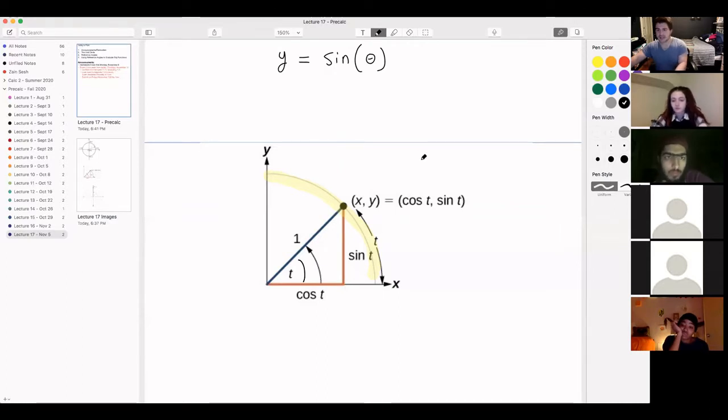Okay. It's like in the coordinate pair 1 comma 2, you have to travel horizontally to the right 1 and then up 2. Here you travel to the right cosine of t and up sine of t. Oh. Another way you could look at it is that we know that cosine of t is adjacent over hypotenuse.